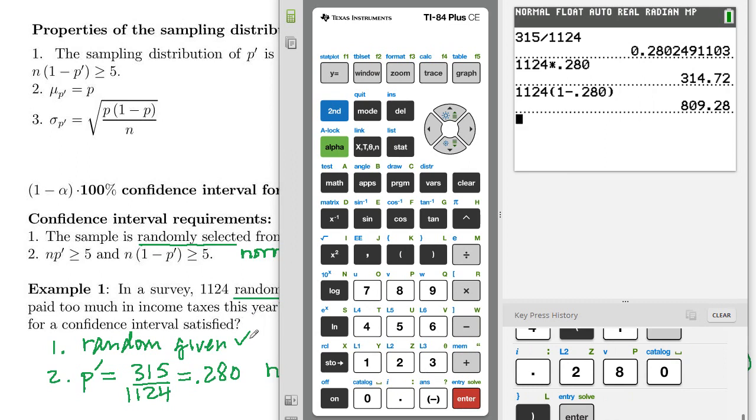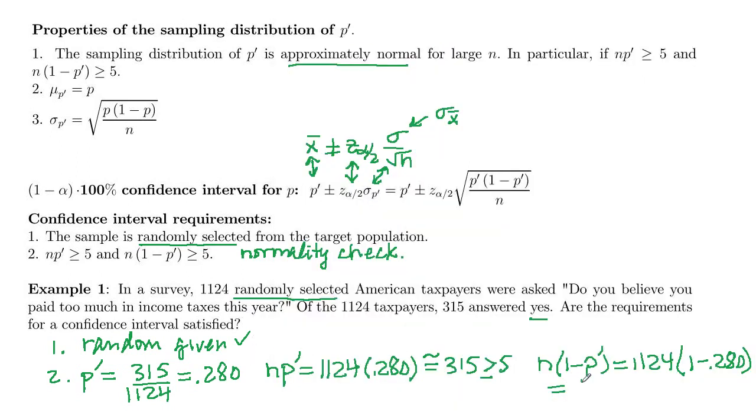That's 809.28, so approximately 809, definitely greater than or equal to 5. So that checks. Yes, the confidence interval conditions are satisfied, both of them. Now we know that we can actually compute a confidence interval and have it be valid.